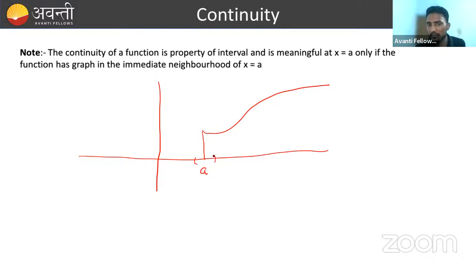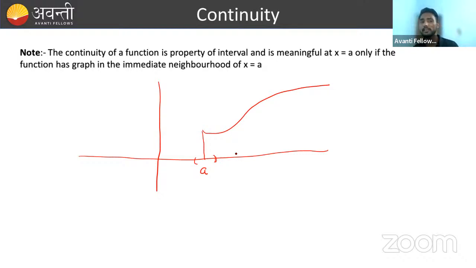But on the right hand side there is a graph. So in this case we can't talk about it, still we will talk, but here you can see LHL is not there, only RHL is there. So continuity is only meaningful if it has both a left hand limit and a right hand limit. Then only we can talk about continuity of that function.